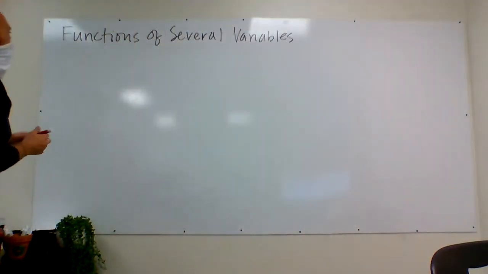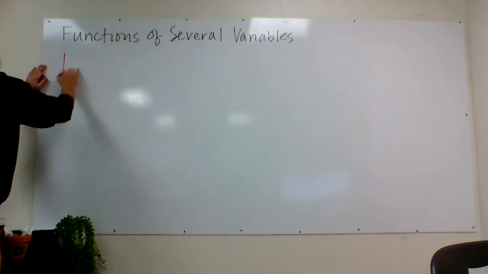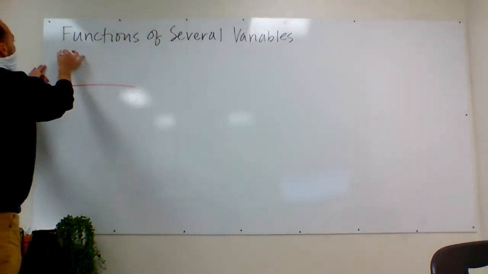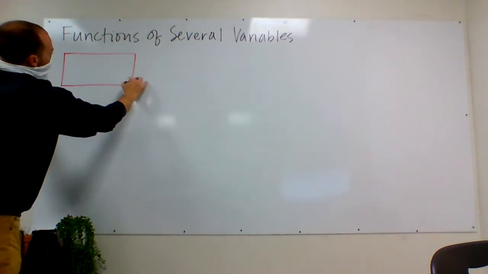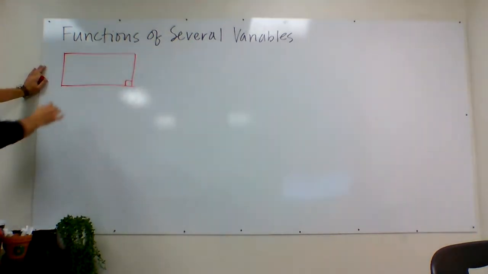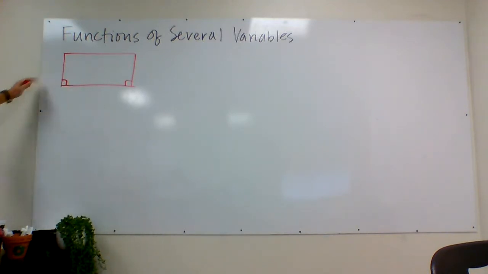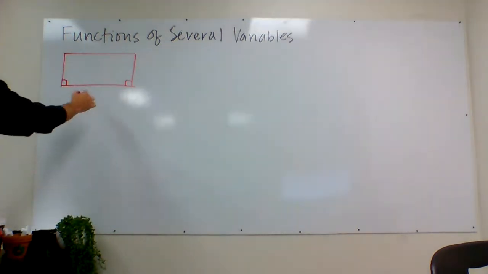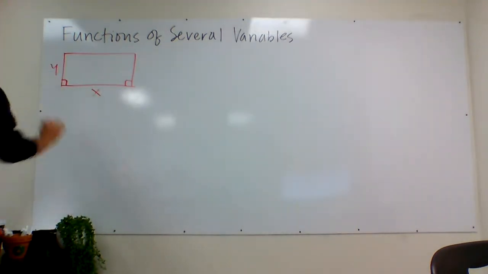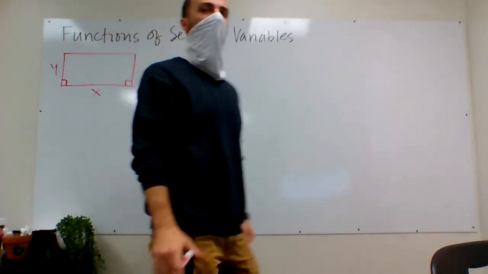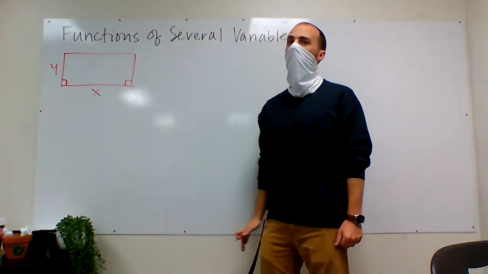First, and one of my favorites, because you've been knowing about this for a very long time, is a rectangle. And I guess that would also need to imply that the top and bottom are parallel. But you've got a rectangle, this is x, that's y. The area of this rectangle depends on both x and y.